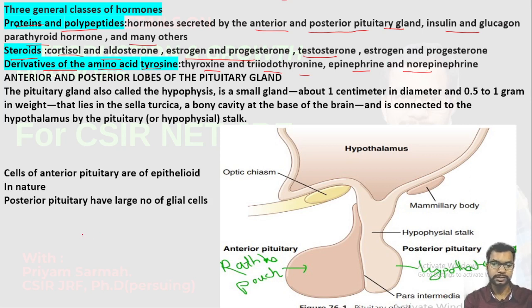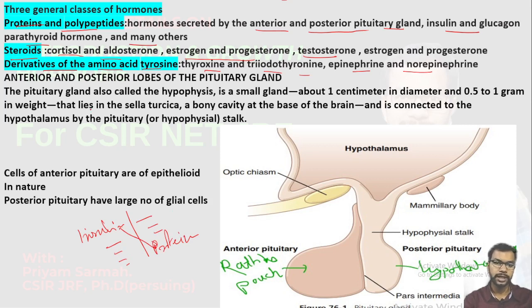A question may come like this: match the following. Here insulin will be given, and here protein is given. Then other options will be there, so you have to match this. Question may come like this.